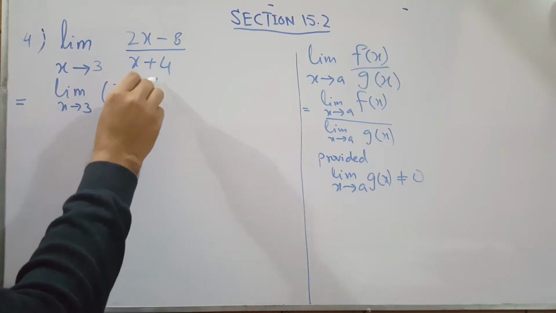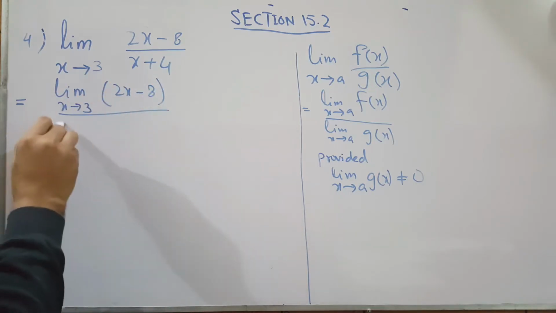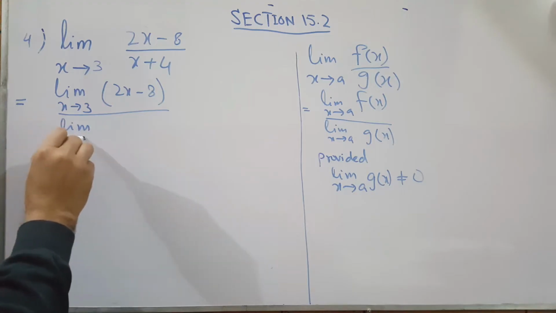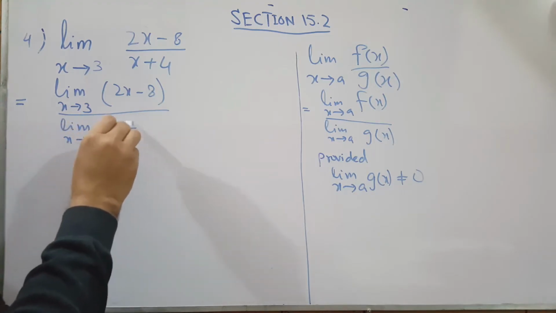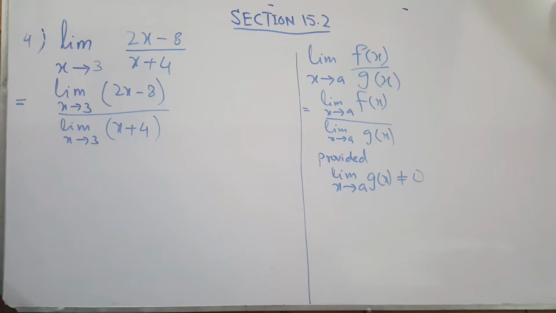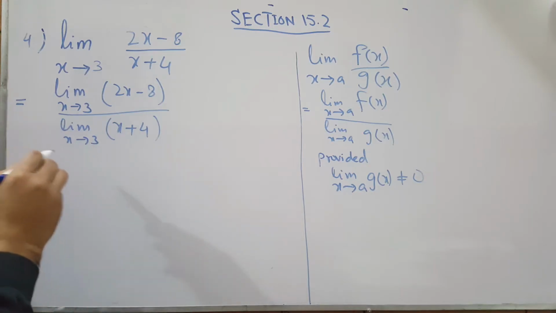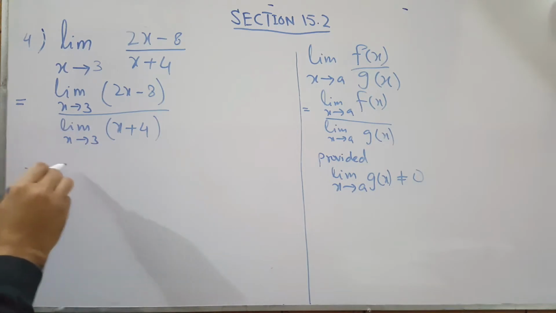on 2x minus 8 and the limit x approaches 3 on x plus 4. Now you don't have to write down the separate limits all the time. You can say something straightforward.